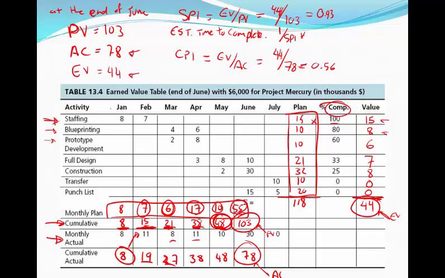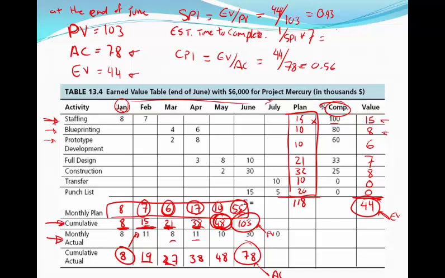So this project that we've worked on is planned to go on for 7 months. And we know that by looking at our table here, it goes from January all the way to July. Although we've only determined our planned value and actual cost to the end of June, this project is actually a 7 months project. So we would multiply by 7 months.